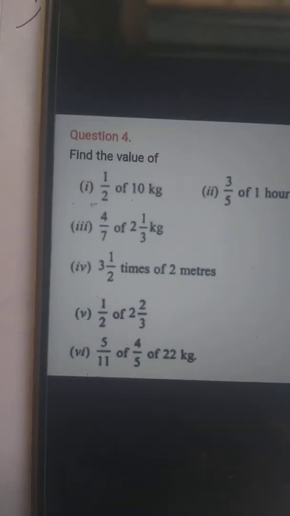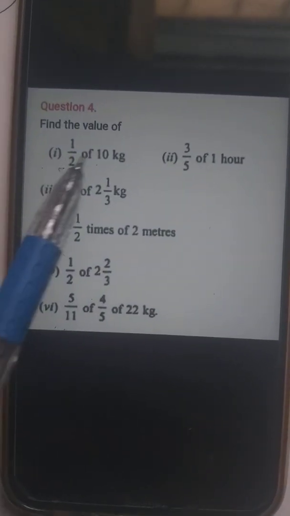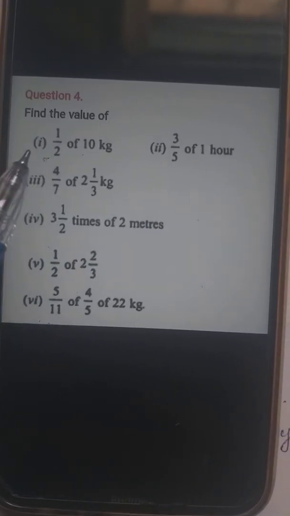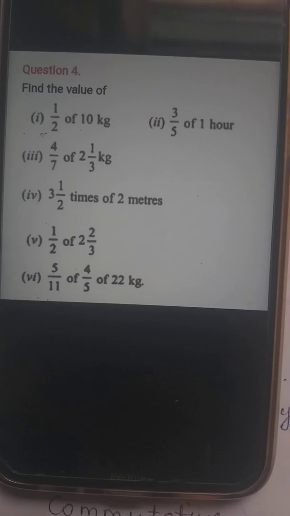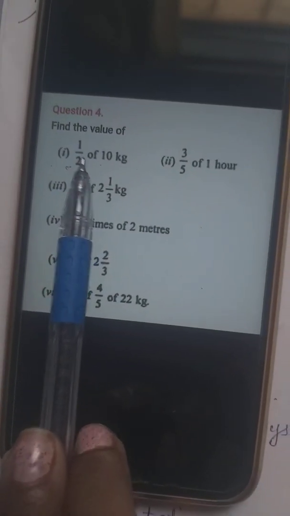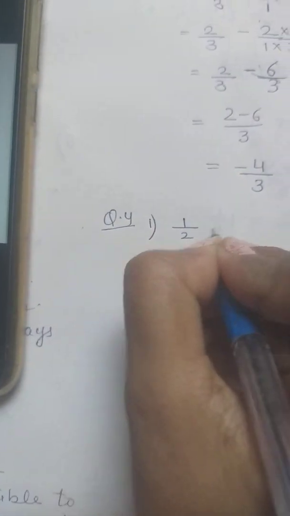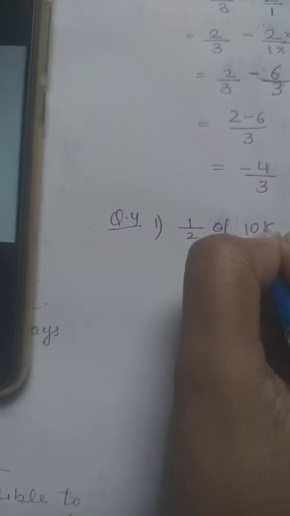Next question, question number 4. Find the value of half of 10 kg. Yes, half of 10 kg we have to find, but I will be teaching you how to multiply it. See, 'of' simply means multiplication. I'll write this question. Half of 10 kg.